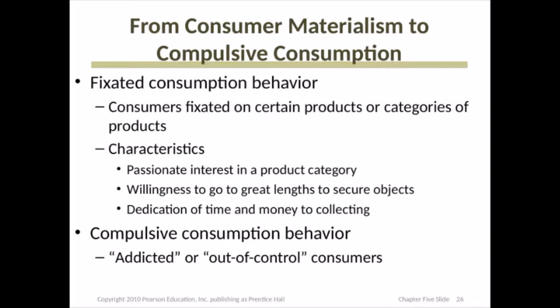They are particularly interested in a certain object or product category. Someone who collects paintings, antiques, or rare coins. So they are obsessed and have a deep interest, or let's say passionate, as written on your slide, about a certain product category.